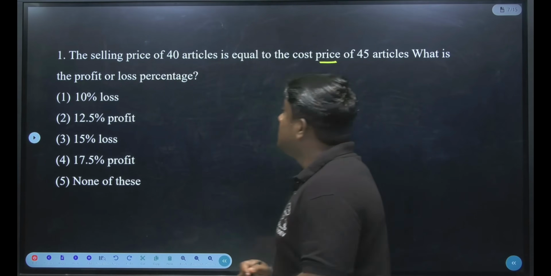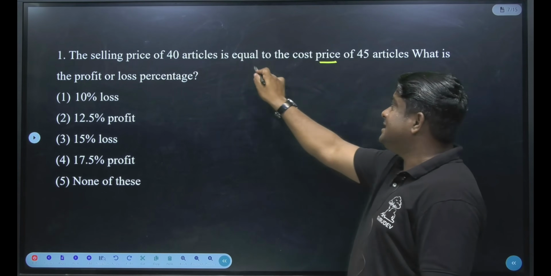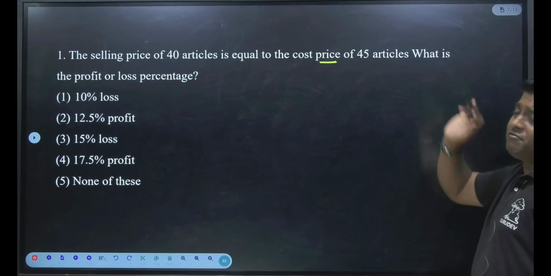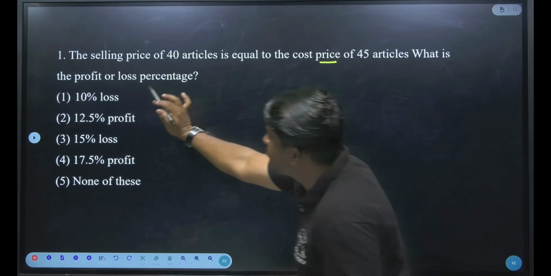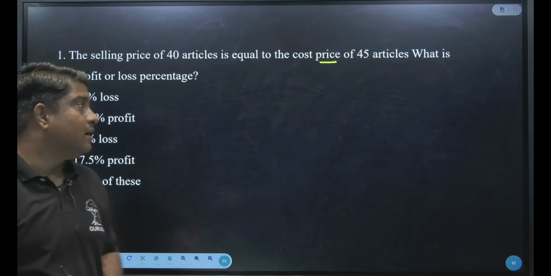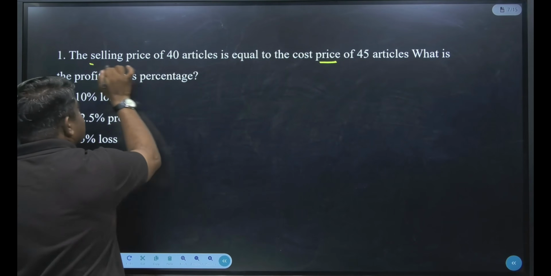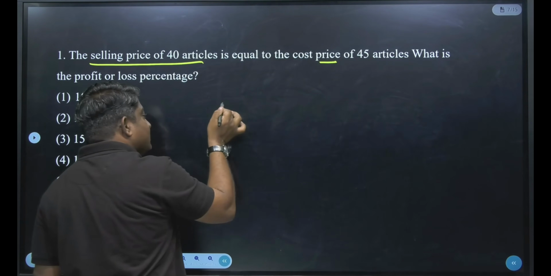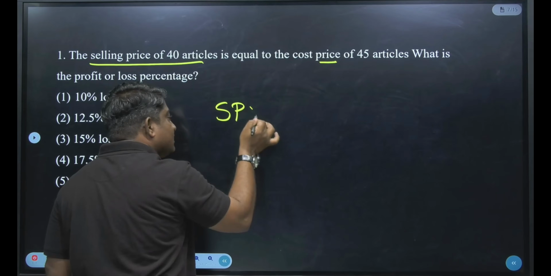The selling price of 40 articles is equal to the cost price of 45 articles. So what is the profit or loss percentage? Now look here, what he has given is the selling price of 40 articles. Selling price of means nothing but multiplication.